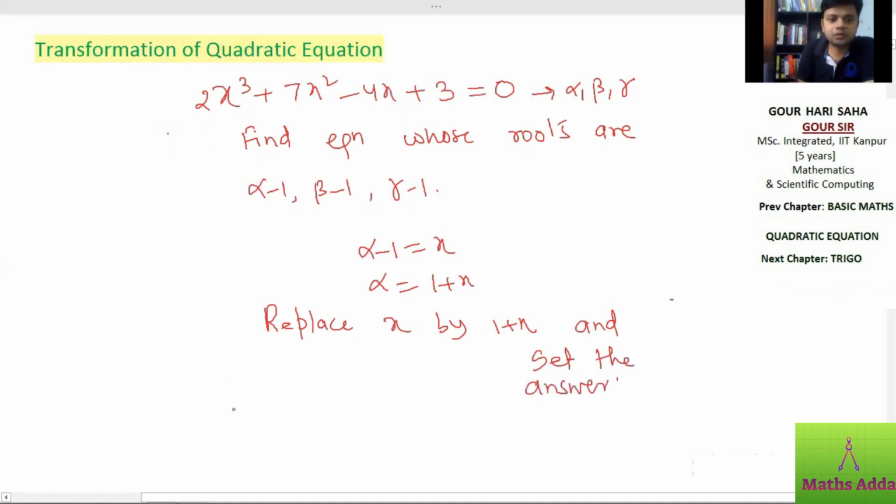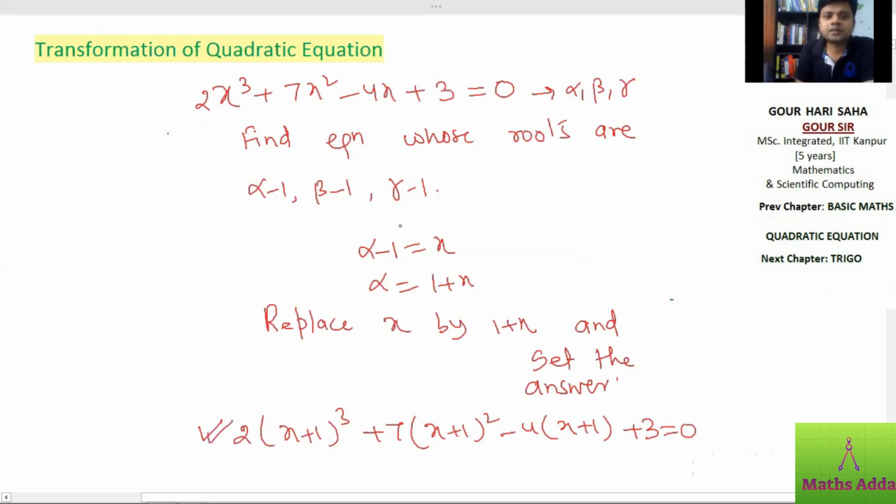So this will become 2 times (x plus 1) whole cube plus 7 (x plus 1) whole square minus 4 into (x plus 1) plus 3 equal to 0. Simplify it and then you can get the cubic equation whose roots are alpha minus 1, beta minus 1 and gamma minus 1. We will be seeing more usage of this one later on when we do cubic polynomial equation. Okay, so let's move ahead.